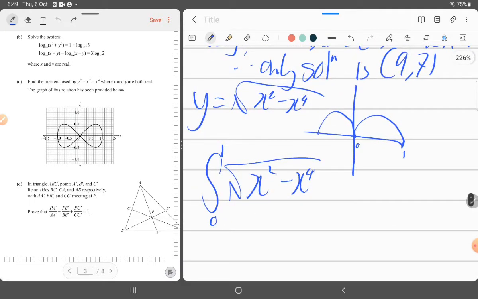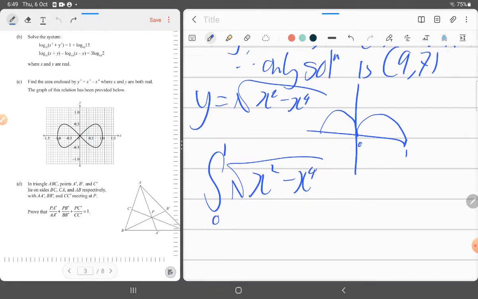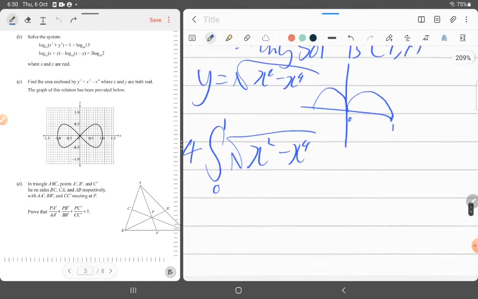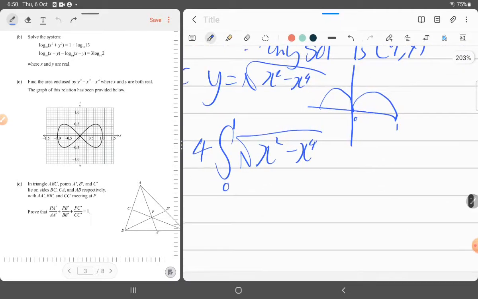And all of these are exactly the same. They will have the same area because of symmetry. So 4 of these is equivalent to the whole area.